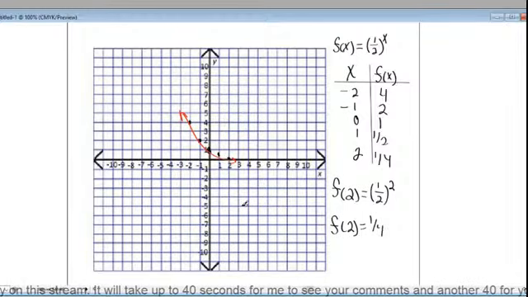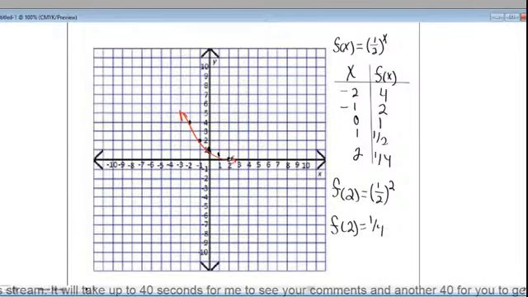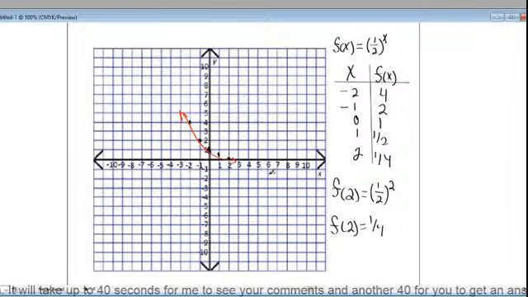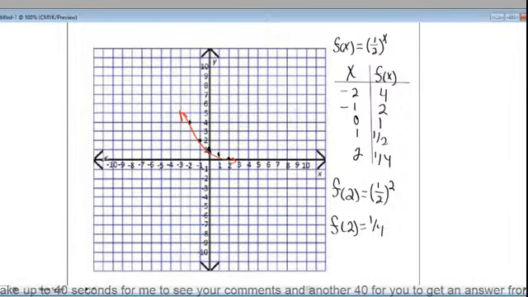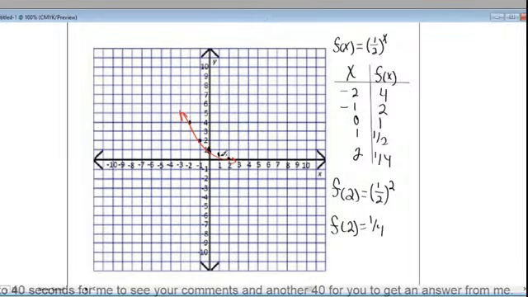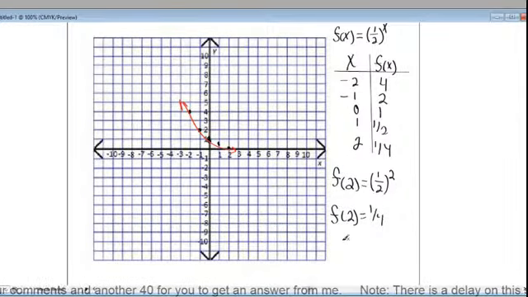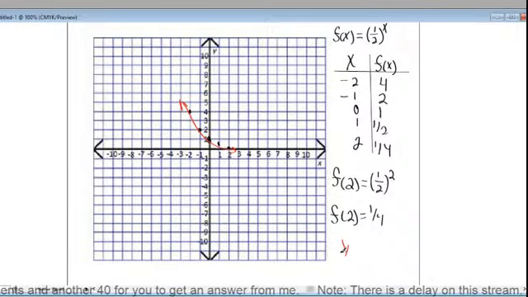What does that mean about our range? Well, same thing. It's still coming down towards this x-axis, but will it ever get to 0? No. It's never quite going to be there at 0. So we have to say that our y must be greater than 0.